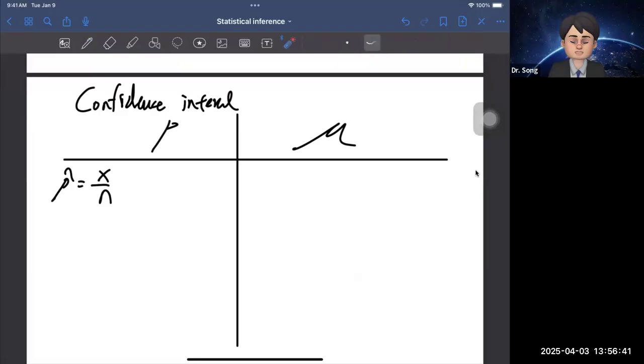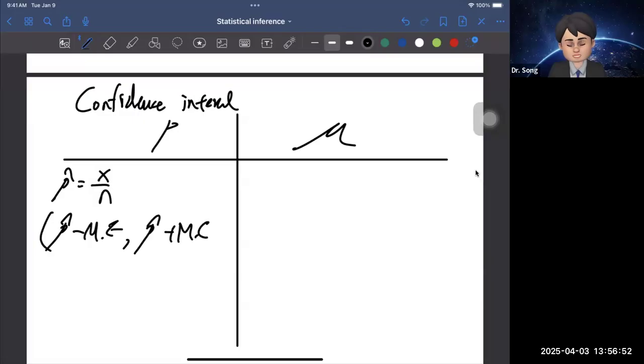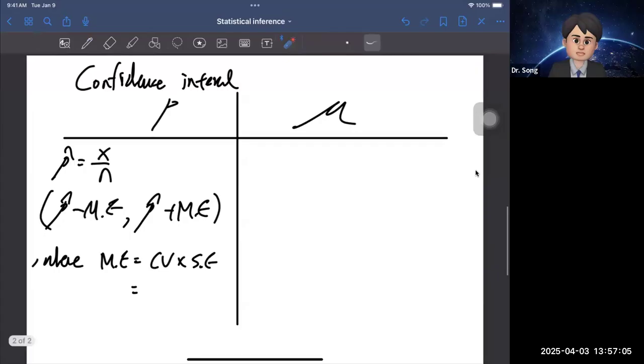You want to capture this population proportion by having this confidence interval. The confidence interval is nothing but p hat minus margin of error, which we call the lower bound, and p hat plus margin of error, the upper bound. So basically it is p hat plus or minus margin of error, where the margin of error is a critical value times the standard error.